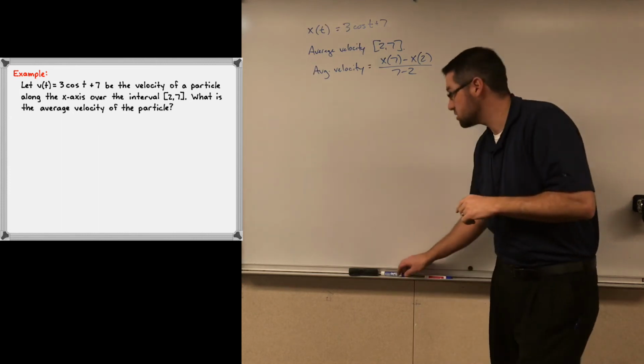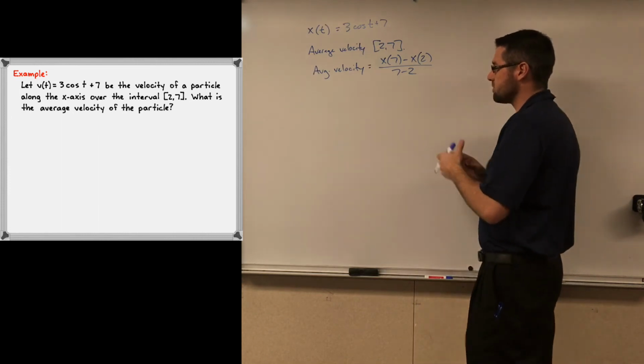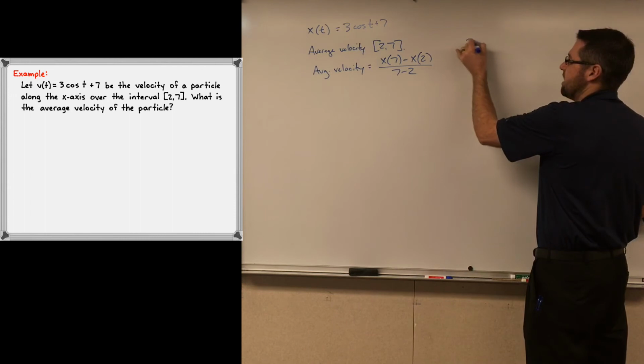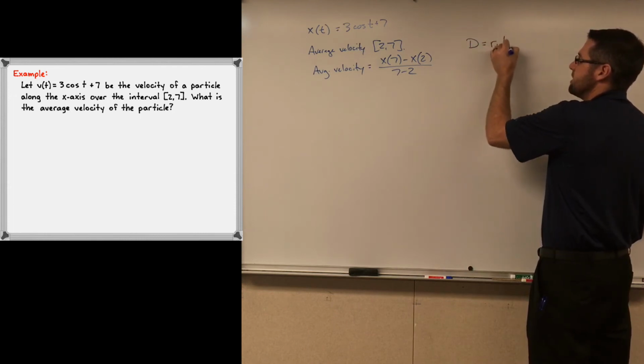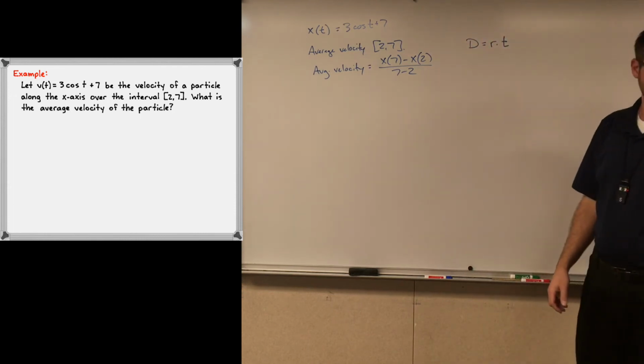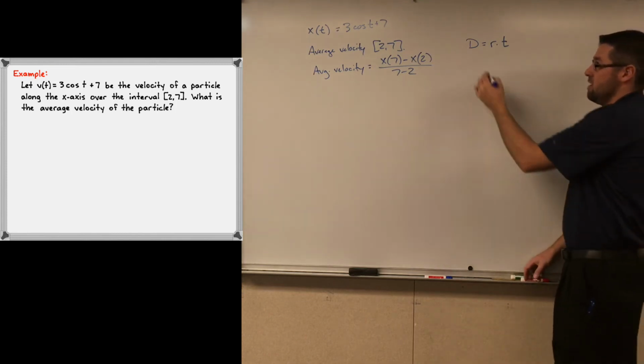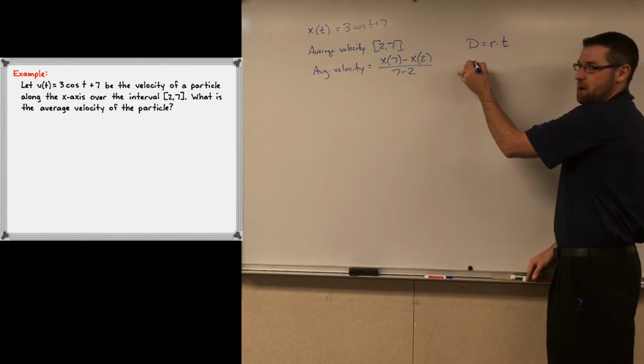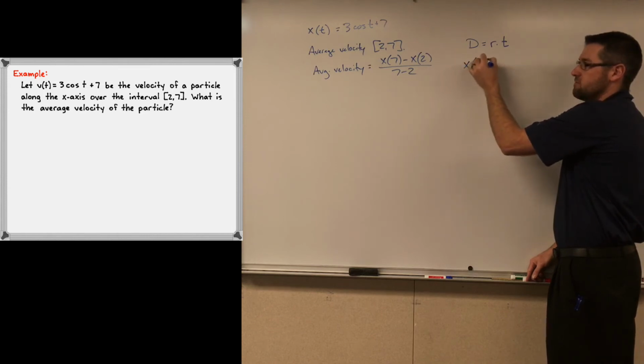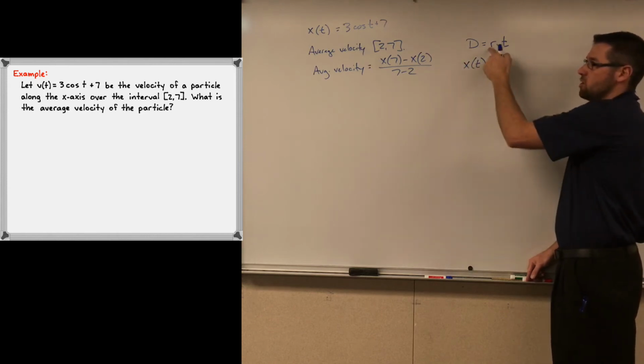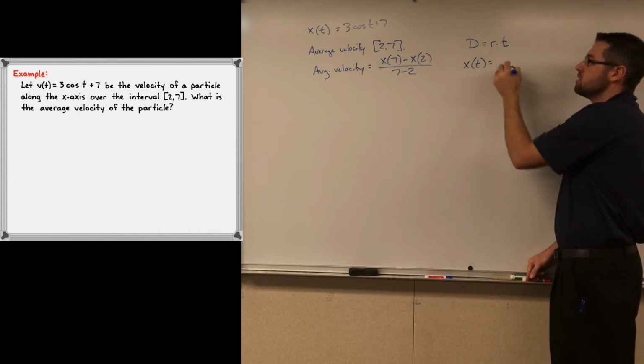But let's look at units to try and understand what's happening here. Let's go back to basic stuff. Distance equals rate times time, right? Distance is represented by what function? x of t is equal to what's represented by rate? Velocity times time.